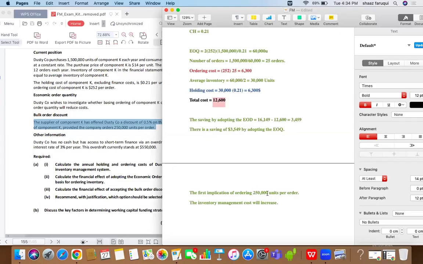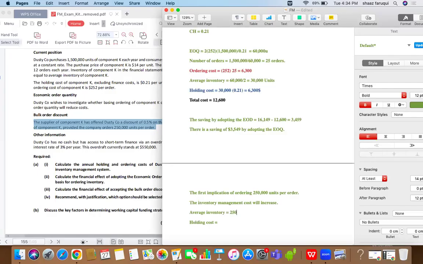If you're ordering 250,000 units per order, obviously you're holding on average 125,000 units in each. On average, you're holding 125,000. So think about it. What will happen to the holding cost? Holding cost will become huge. Why? Because on average, the average inventory will be how much?